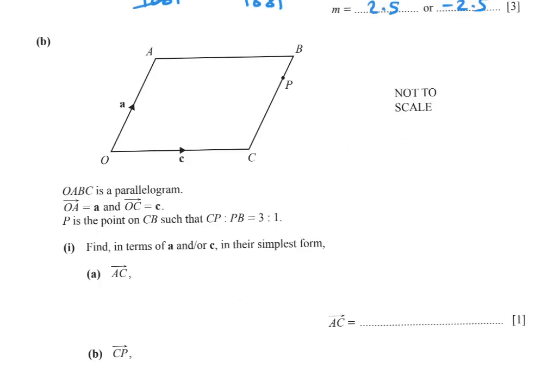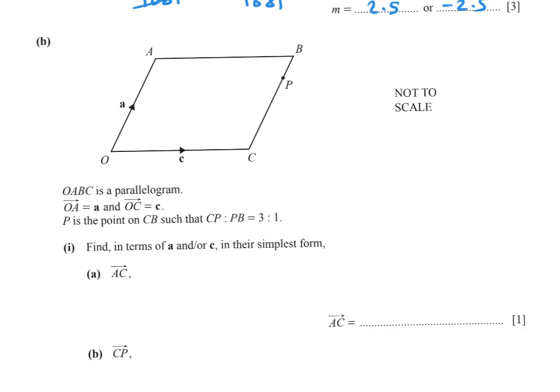B. OABC is a parallelogram. OA is vector A, OC is vector C. B is a point on CB such that CB to B is 3 to 1. Find in terms of A and C the vector AC and vector CB.